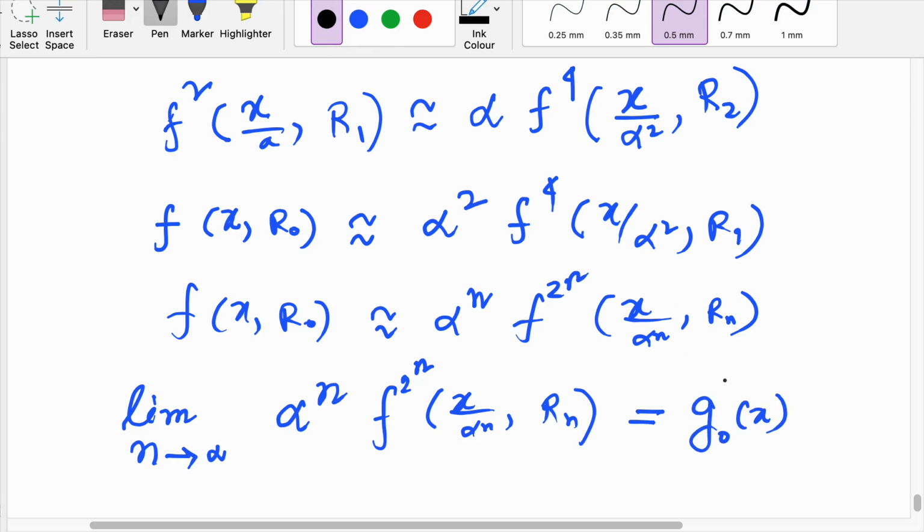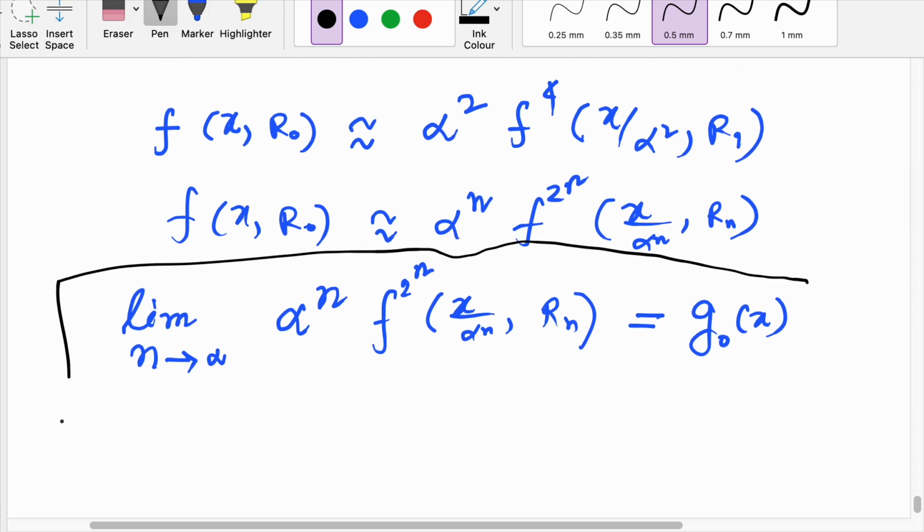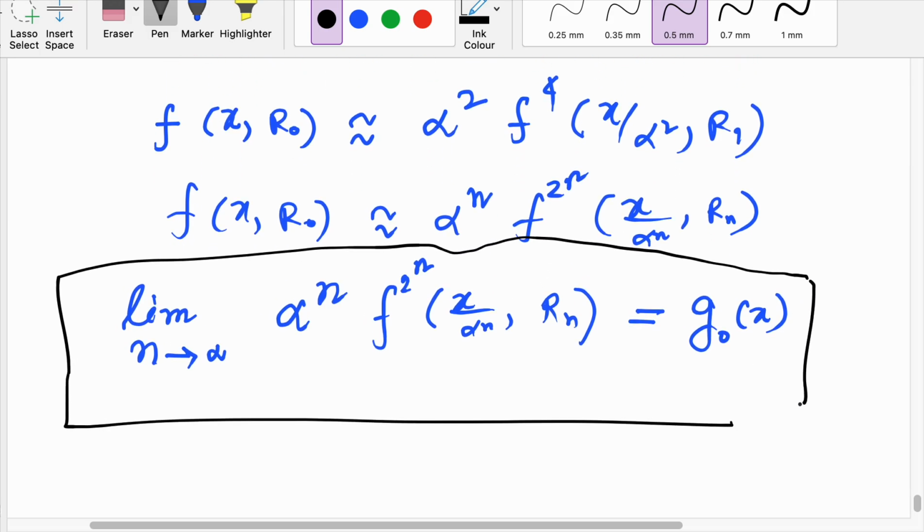Now this g0x is again a universal function. It does not depend on the form of f square x. It does not depend on whether the f(x) is logistic or 1 minus x square. What this universal function depends on is only the maximum order of the x here.